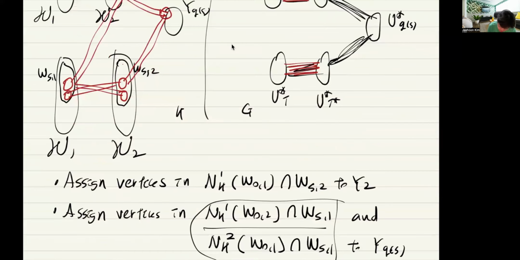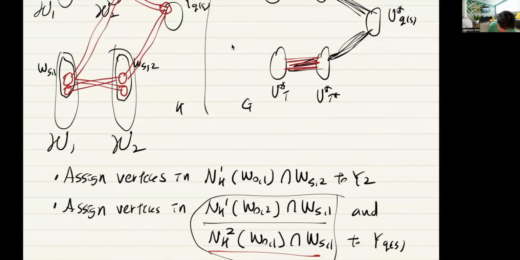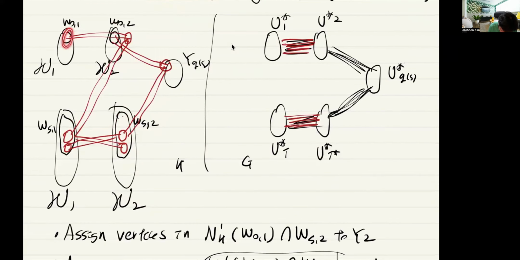As well as the second one, the neighborhood of W01. Its neighborhood are all here and its second neighborhood are all here. So this will also go here. So what?